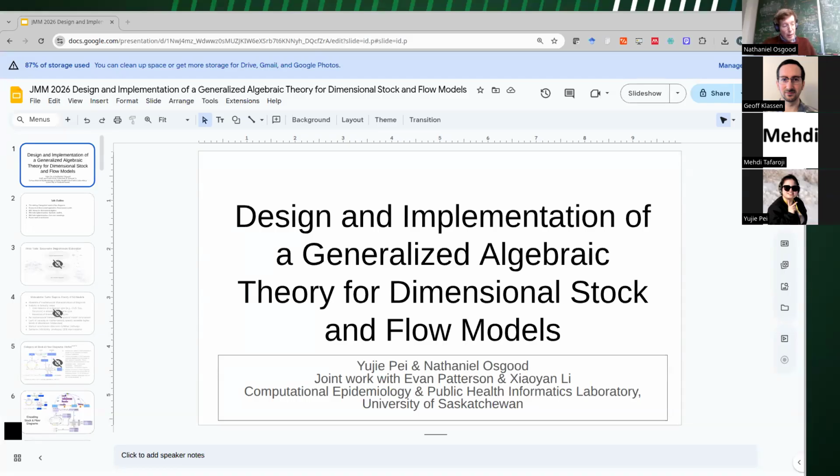Okay, so really this presentation is about the design and implementation of what's called a generalized algebraic theory.